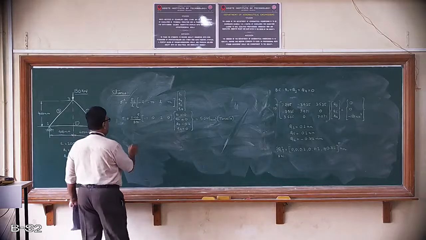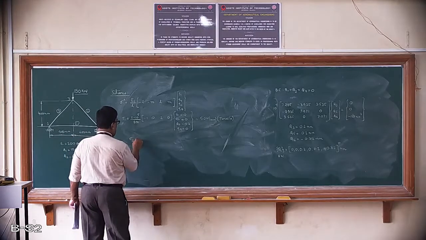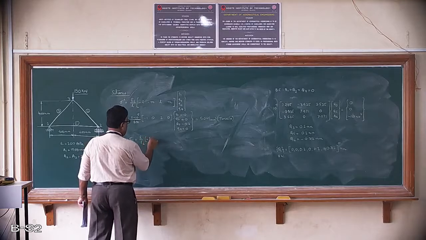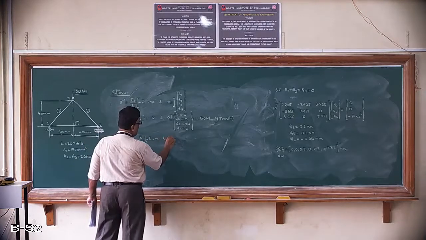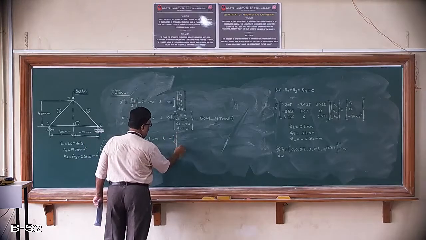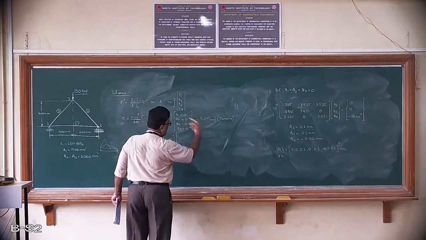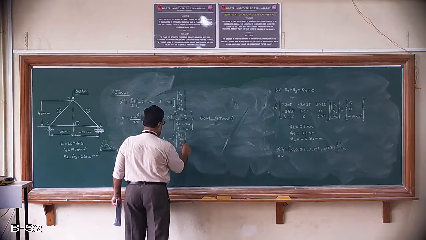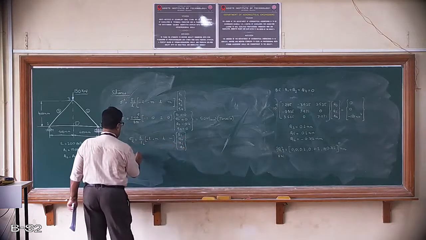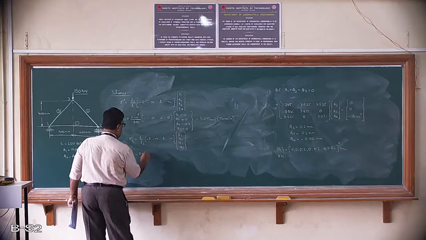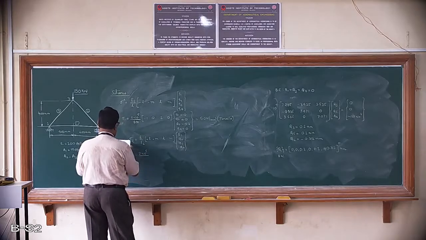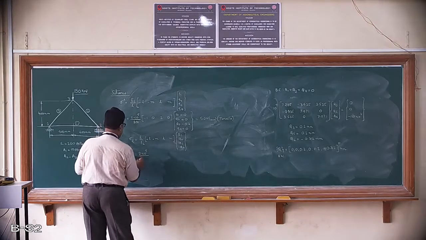Now similarly, if I want the second member, it is E upon L2, and the corresponding L and M and all that have to be taken. Now the most important part here is you have taken from here to here, so that is Q3, Q4, Q5 and Q6. This is the arrangement you have taken. So therefore this will become 2 into 10 to 5 upon, what is the length? 565.68.